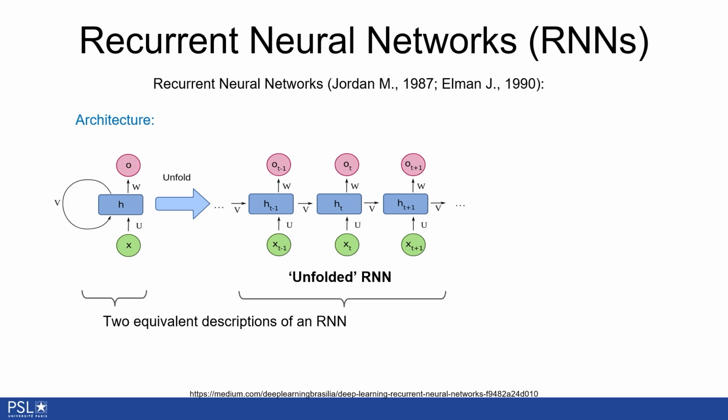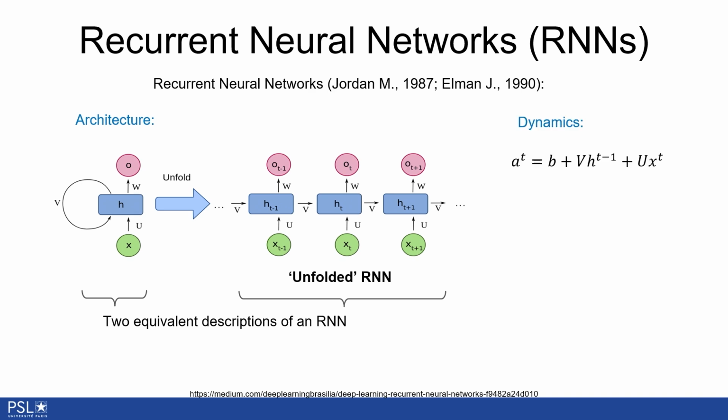Let's see now how exactly information flows in the network from the input to the output. We will focus on a given arbitrary time point t. At this time point, the network receives a new input x_t. In the case of language models, this vector will typically be of the size of the vocabulary of the language, for example, 50,000 dimensions. Given the input vector, we can compute the incoming activation at the hidden layer at this time point, which we denote with a_t.